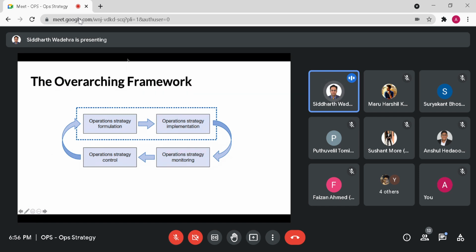The last session was really the overarching framework which we discussed, and the entire course culminates in the fact that a lot of these frameworks, a lot of these theories, need to be taken with a pinch of salt.